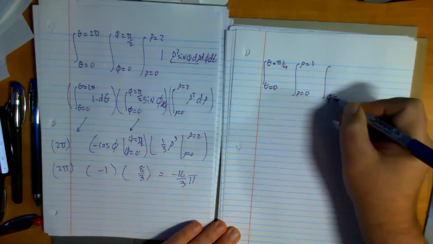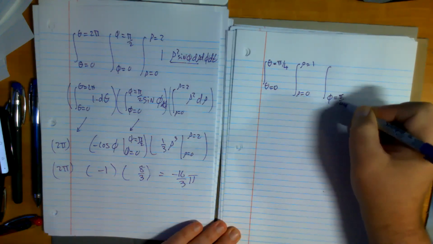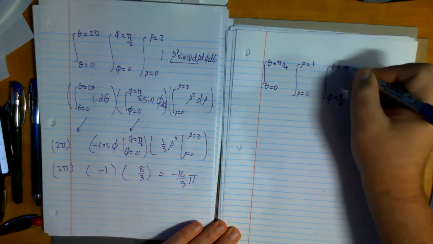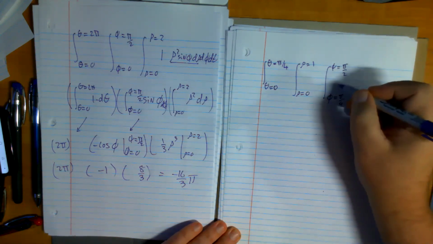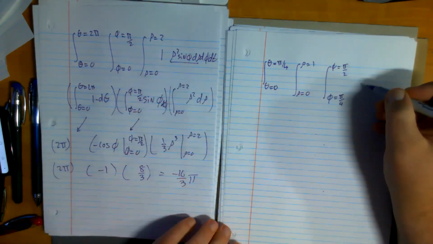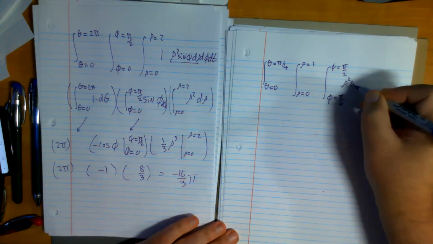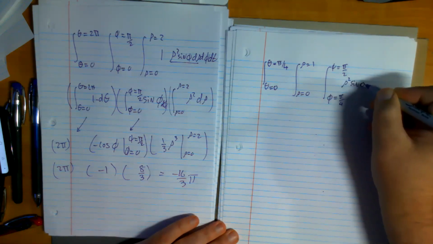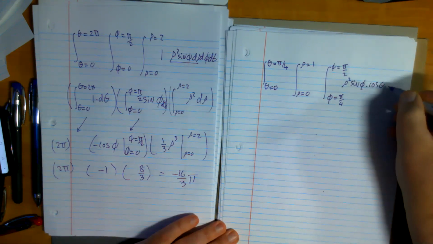And let's do phi equals pi upon 4 to pi upon 2. And let's assume that this function here, including these two guys, ended up being that guy. Let's say it was a cosine.